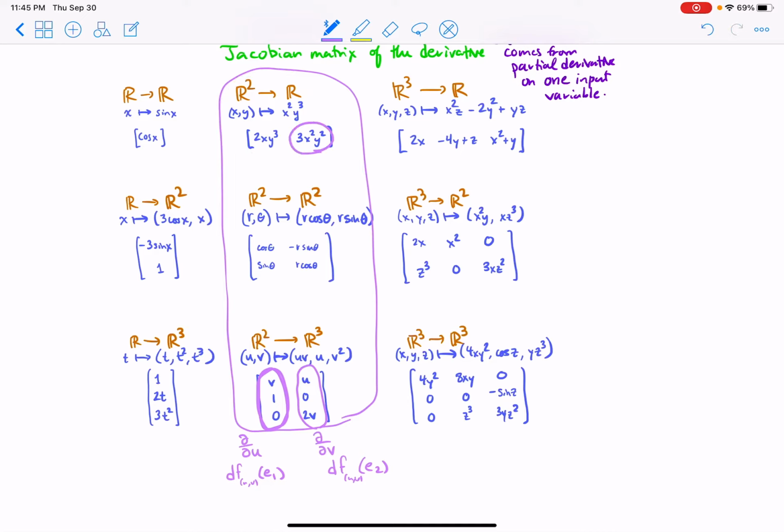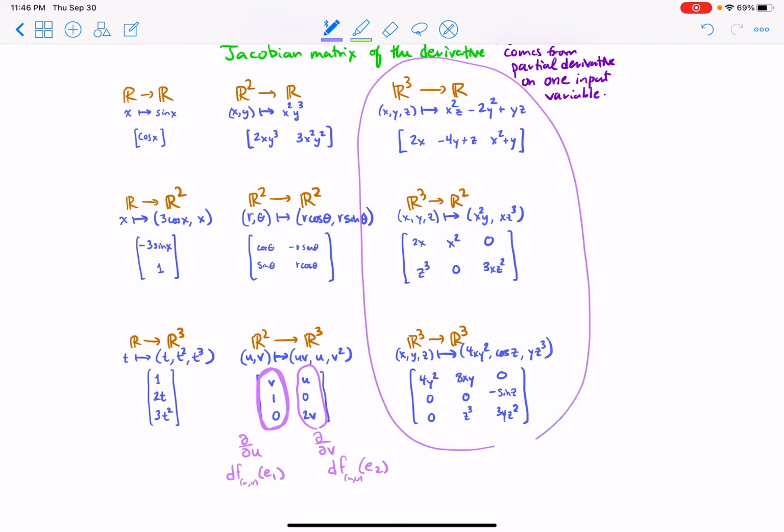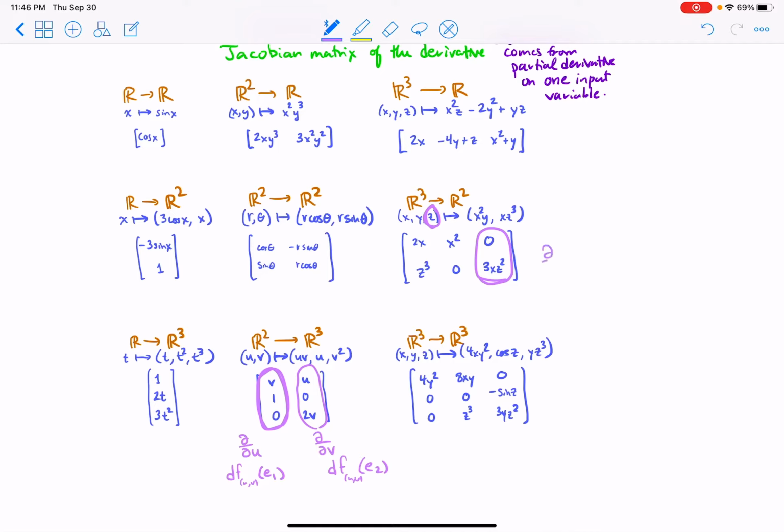This one comes from partial y, the other input. Okay. Now let's look at these ones. Here we have 3 inputs. And so, for example, this third input gives us this column of the Jacobian matrix. How? Well, by taking partial z of these two component functions. So we build the Jacobian matrix by columns.